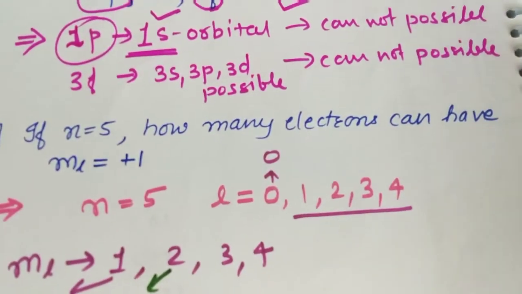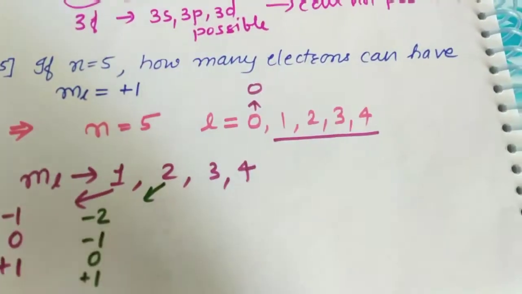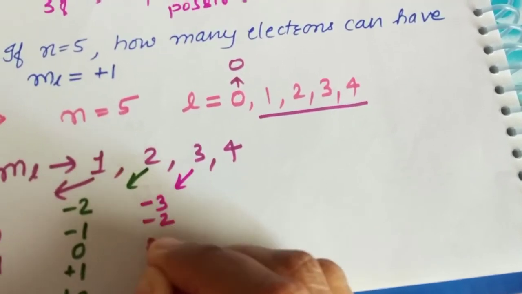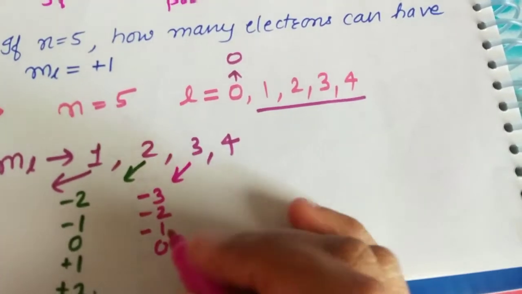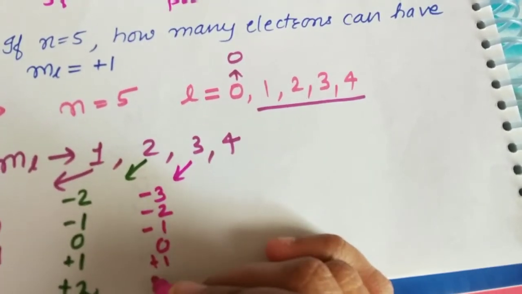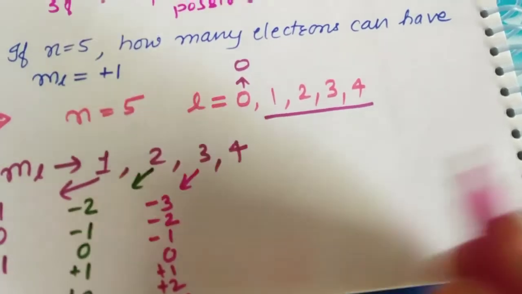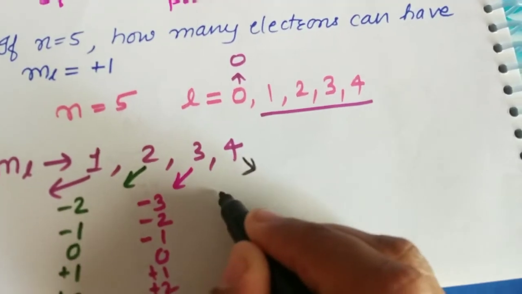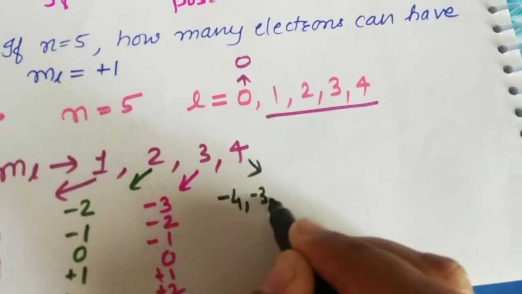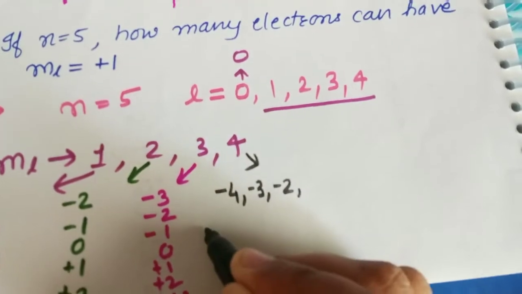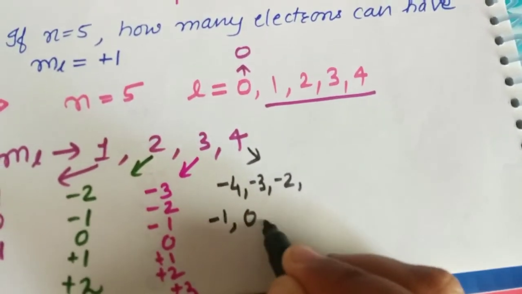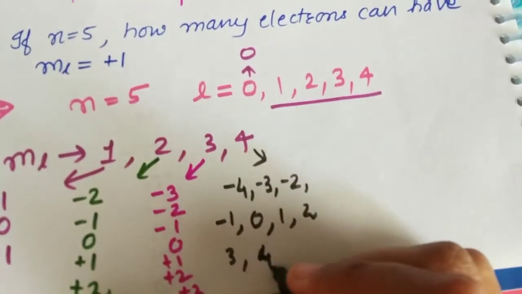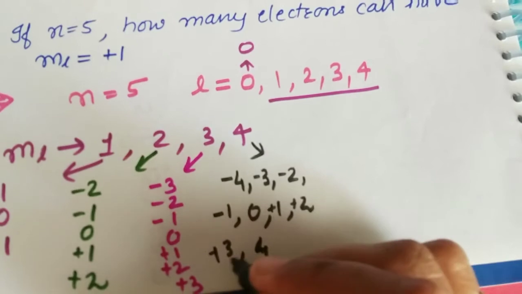For 3, how can we write the answer? For 3, we can write minus 3, minus 2, minus 1, 0, plus 1, plus 2, plus 3. Similarly, we can write down for 4 also: minus 4, minus 3, minus 2, minus 1, 0, 1, 2, 3 and 4. These will all be plus.